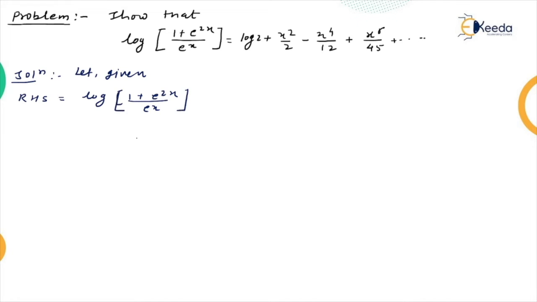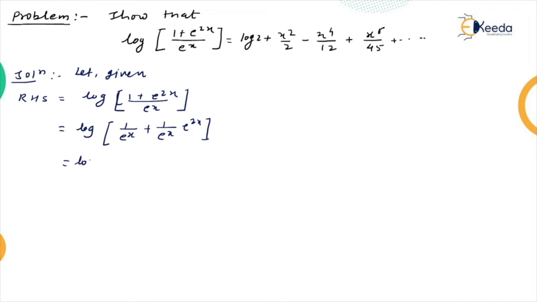We have to solve this as log of, separating the denominator, 1 upon e to the power x plus 1 upon e to the power x into e to the power 2x. So I am writing this in this way.